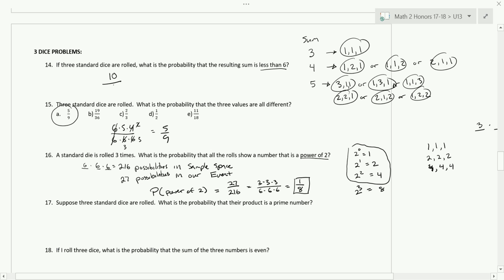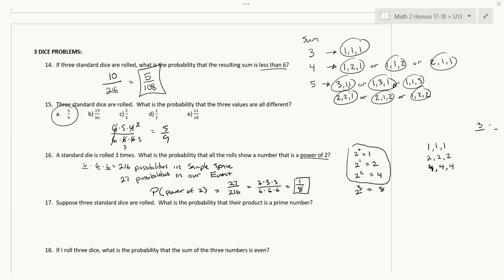We've seen that in the other problems already. So 216 possibilities. We can reduce this. We divide top and bottom by 2. Get 5 out of 108. And that's our probability.